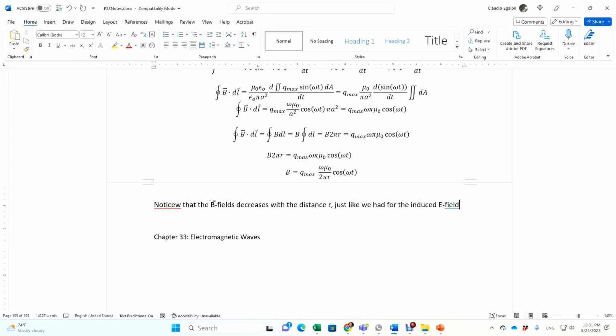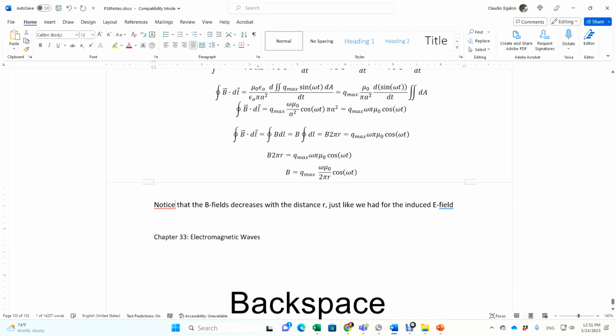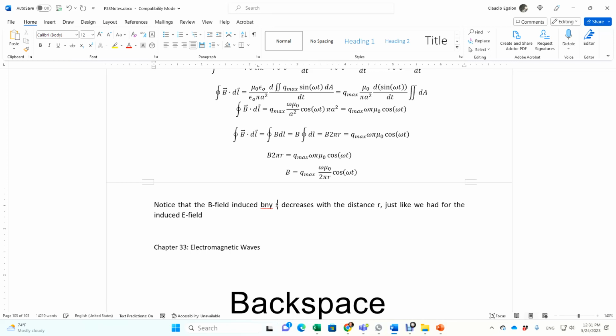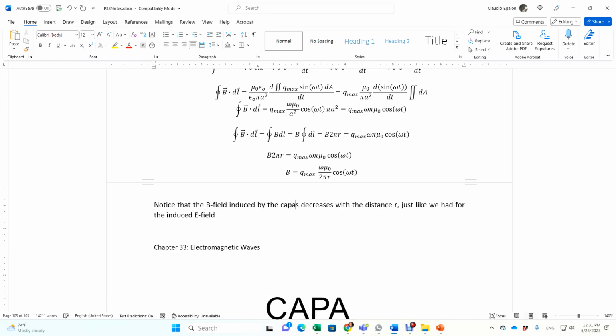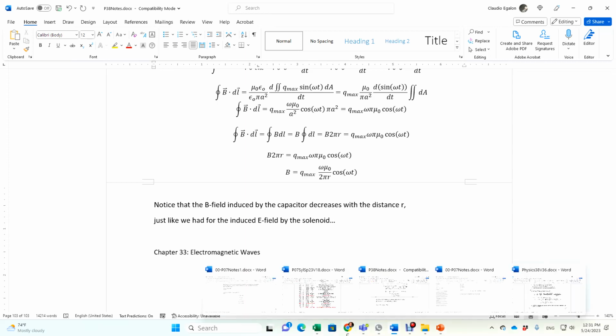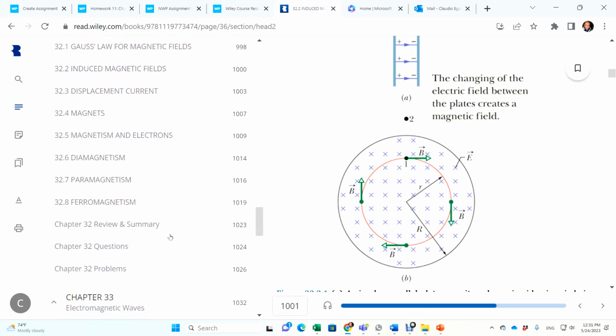Notice that the B field induced by the capacitor decreases with the distance r, just like we had for the induced E field by the solenoid. Okay, and we are done with this chapter as well, which by the way is chapter 32.